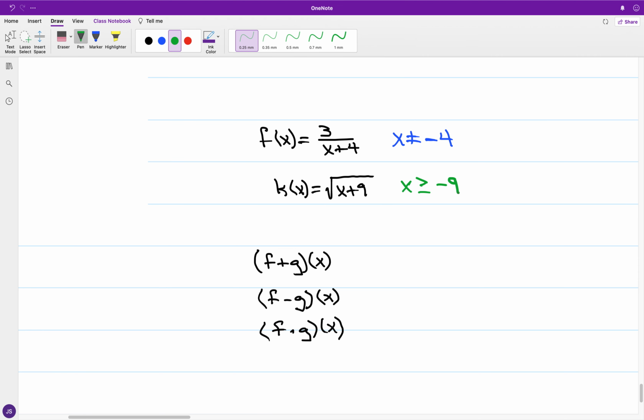Now for the domain of the sum, difference, and product functions only, the domain will be defined by the combined restrictions of the individual functions involved.